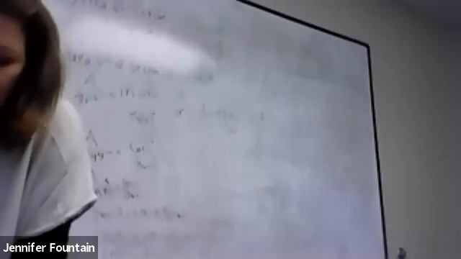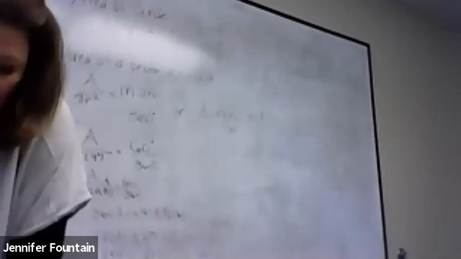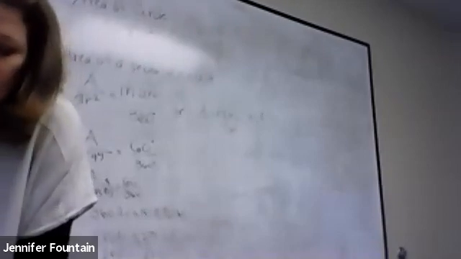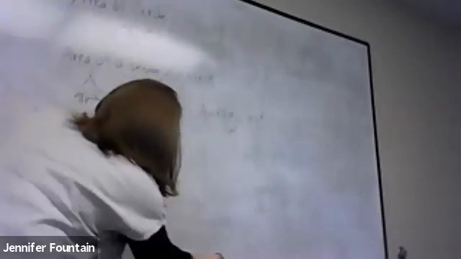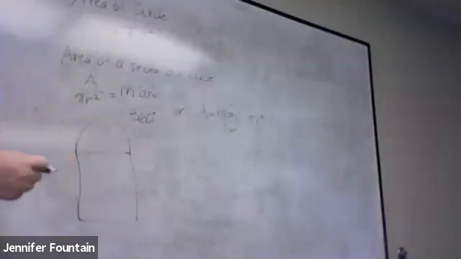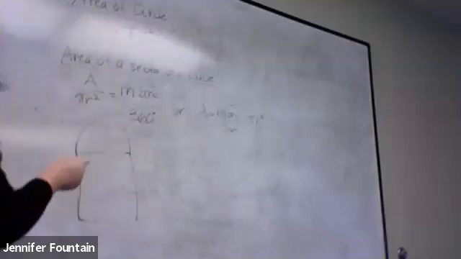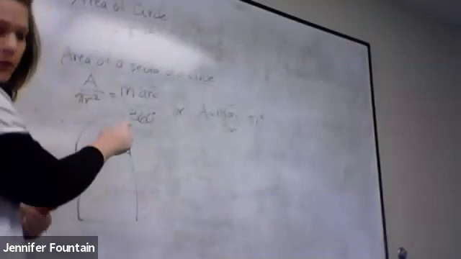You're cutting the front face of a clock out of wood, as shown in the diagram. What is the area of the front of the case? Okay, so we've got to look at the front of the case. Notice in this picture that we are able to break it into a rectangle.